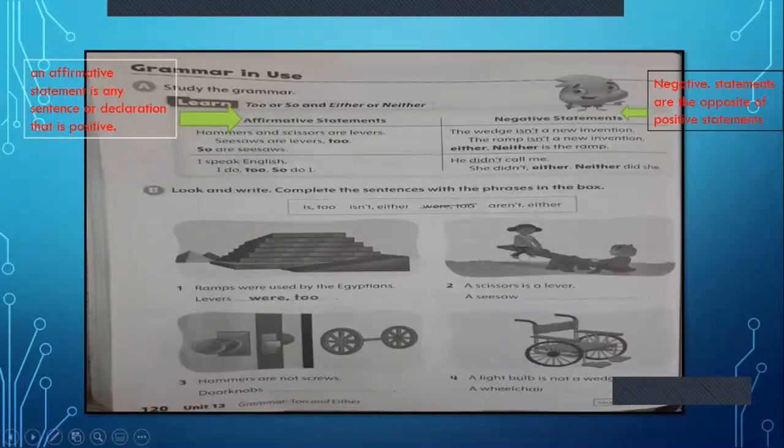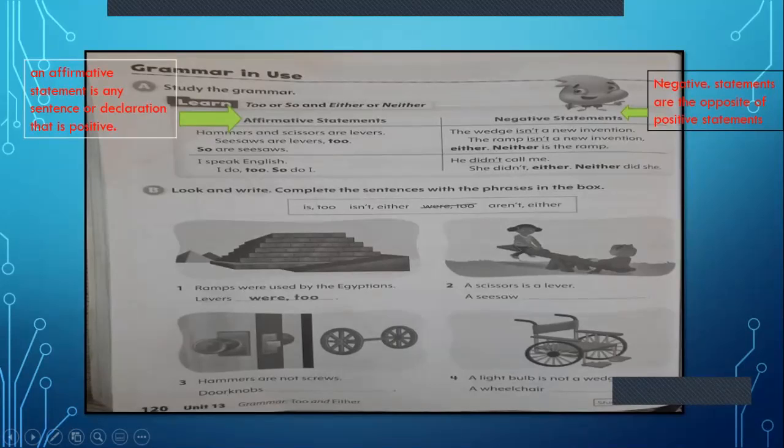As you see, hammers and scissors are levers, seesaws are levers too. But when you use so in this sentence, you need to keep in mind we use too at the end of the sentence, but we use so at the start of the sentence, or in the middle of two sentences when we are combining them.